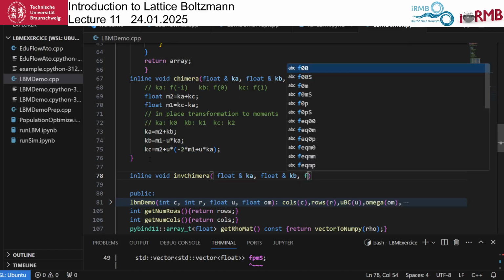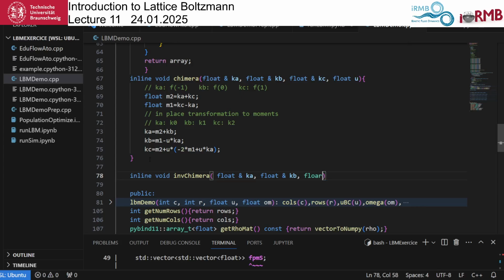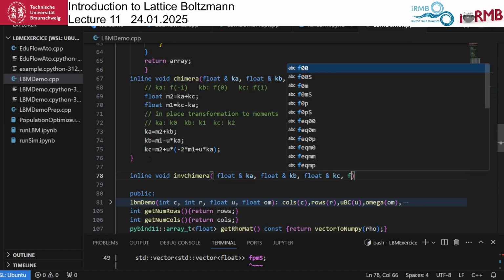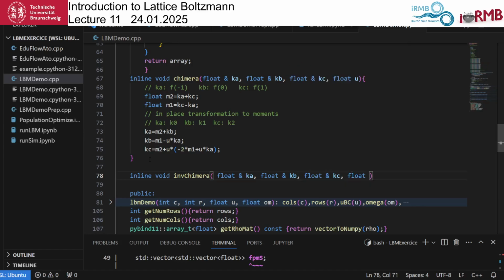Float, I should actually just copy this from above, but anyway, float, modifiable KC, and non-modifiable velocity, float U. Okay, so this was the mistake that I just did. Yeah, I did not write float in front.